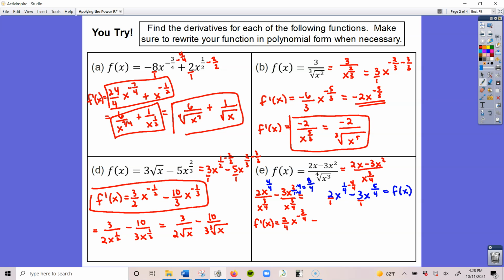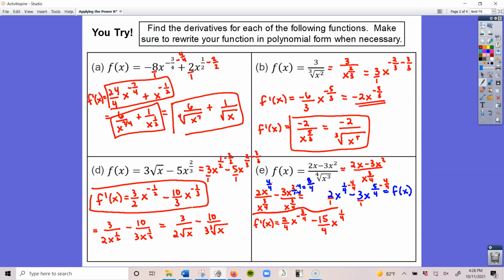Again, if you just always remember putting it over 1 and then multiplying numerator with numerator, denominator with denominator. Negative 3 times 5 is negative 15 over 1 times 4, which is 4, x, and now I'm going to subtract 1. So this is 5 over 4, so I'm going to subtract by 4 over 4. 5 over 4 minus 4 over 4 is 1 over 4. So this is my derivative.